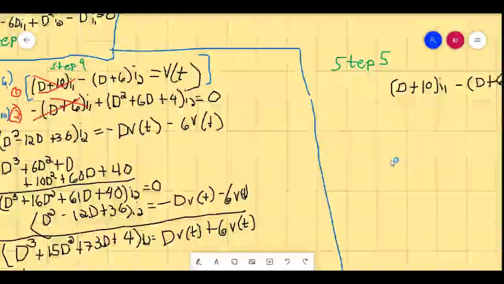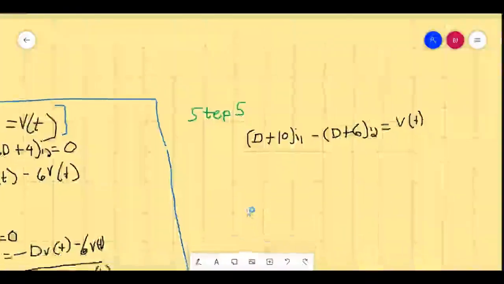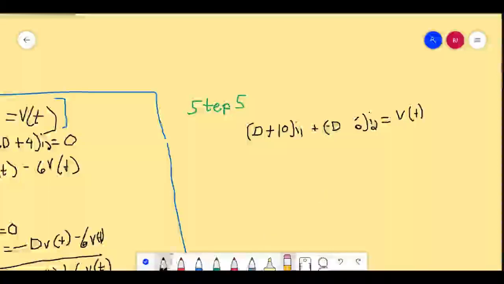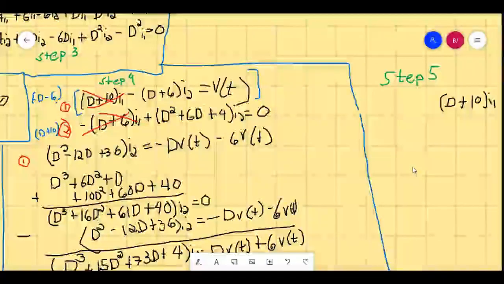And then, what's the other one? Yeah, this is the one. Let me just fix this. Let me make this plus and then this minus. I tried to simplify it, but I ended up making it go back to its original form, so that was actually a waste of time.